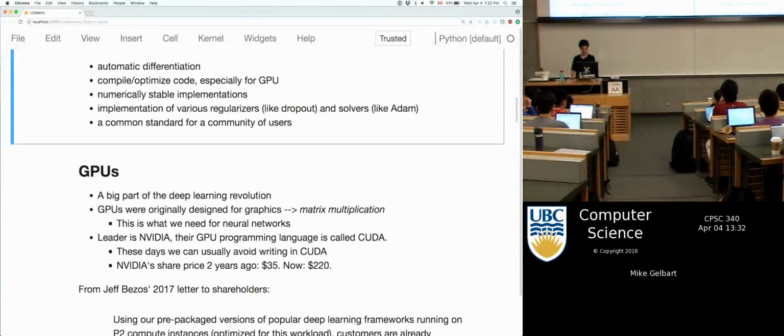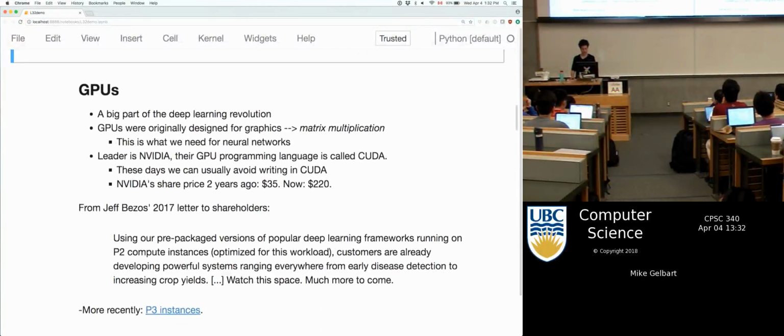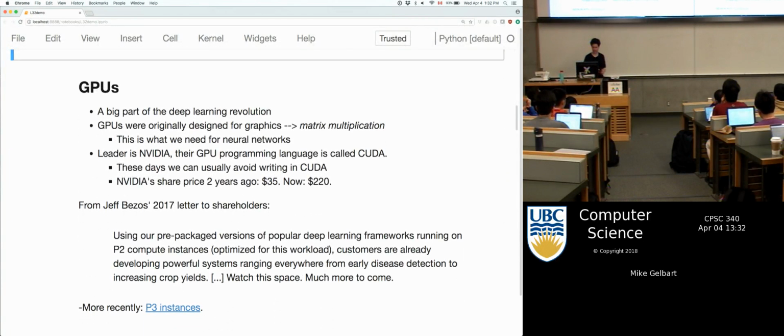Okay, so I think I got a bit ahead of myself with the GPU thing. I've already talked about some of this. NVIDIA is a company down in California that makes these GPUs and was all about graphics and video games and stuff, and is now really jumping on this deep learning bandwagon. And their share price has gone completely insane.